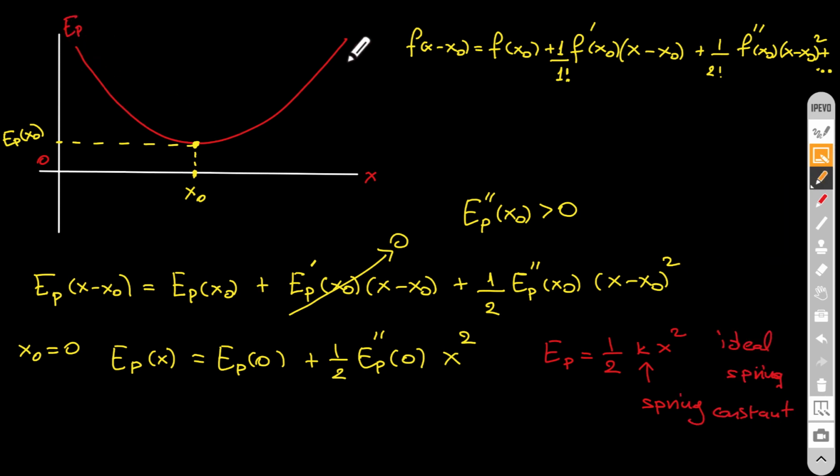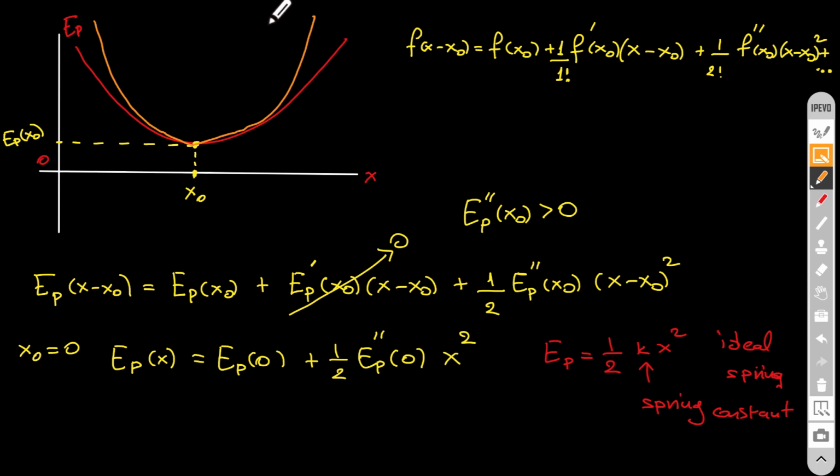The red line is the actual potential energy of the system. When I use a Taylor series to approximate the potential energy around x naught, and I use essentially these two terms, I am approximating the potential energy with a parabola.